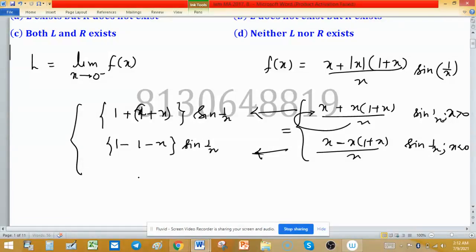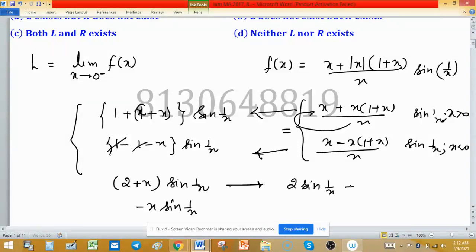So we have 2 plus x times sine 1 upon x, and for the second, the 1 cancels out, so minus x sine 1 upon x. On further simplifying, I can write 2 sine 1 upon x plus x sine 1 upon x, and for the other, simply x sine 1 upon x. This first is defined for positive values, and this is for negative values.